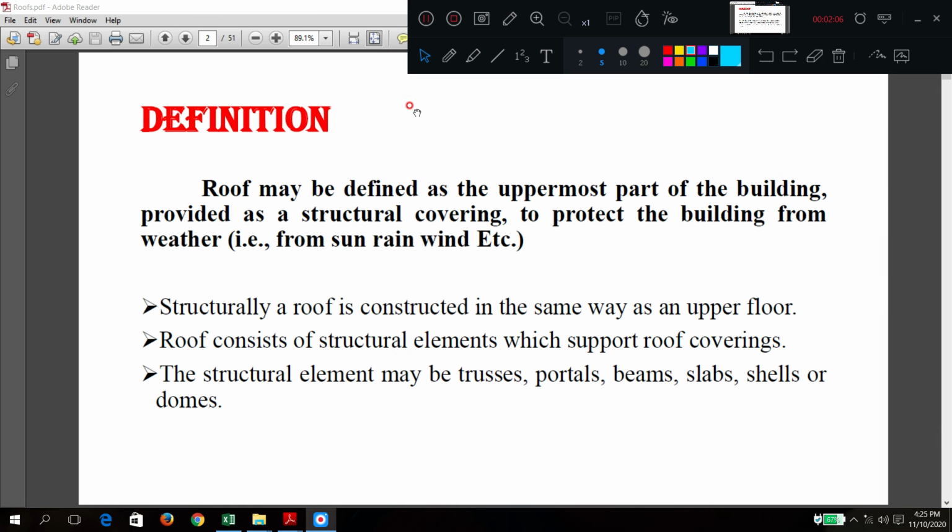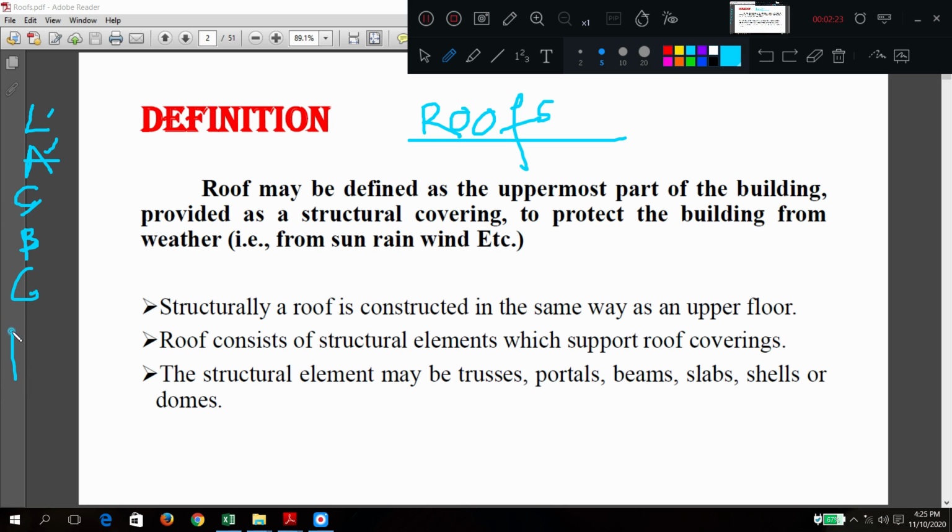Here we are going to start a new topic, that is roofs. What we have completed in this module: lintel, arch, canopy, balcony, chajja. Later we covered floors. Now we will begin with roof.